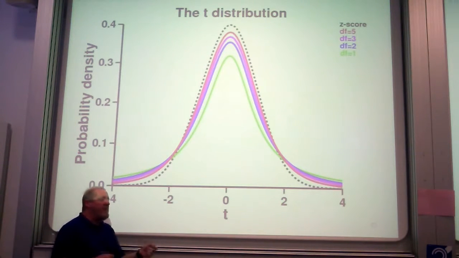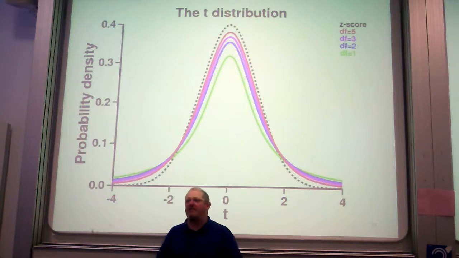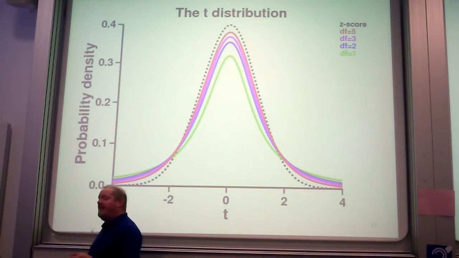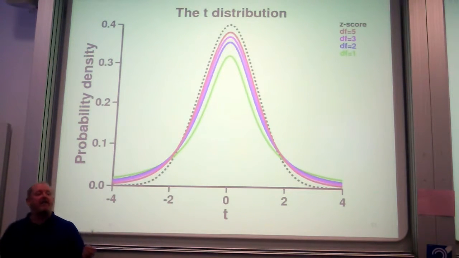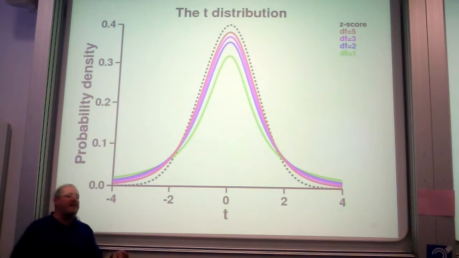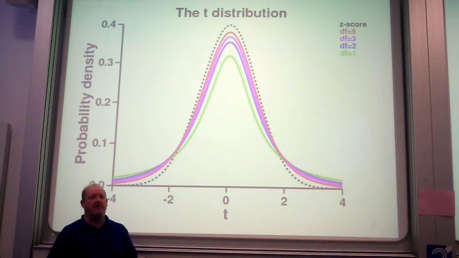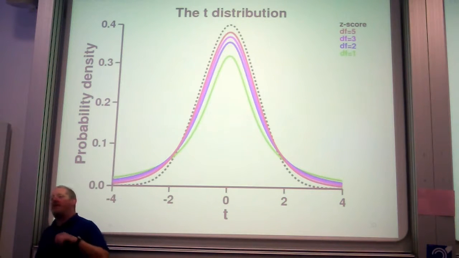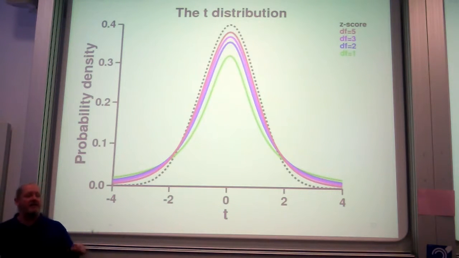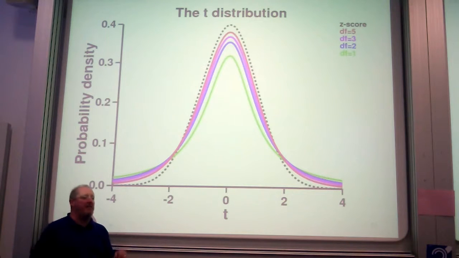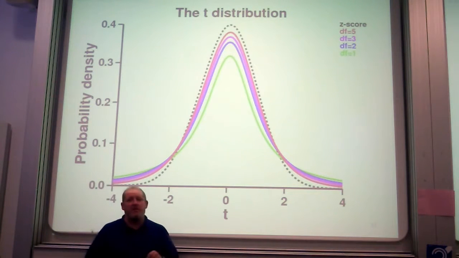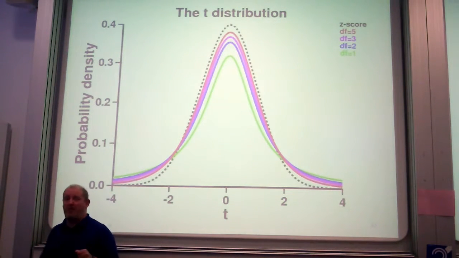So it's still worth remembering that magic number of 1.96. I always round it to 2, and then use that to give you an indicator of whether you're likely to see a significant effect. So a T value bigger than 2 could be significant. Doesn't mean it is. It will depend on the degrees of freedom. And if your degrees of freedom are only 4 or 5, it won't be.